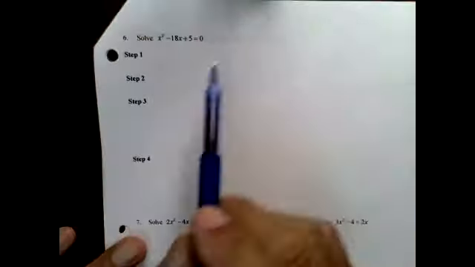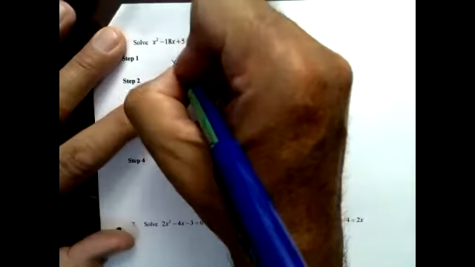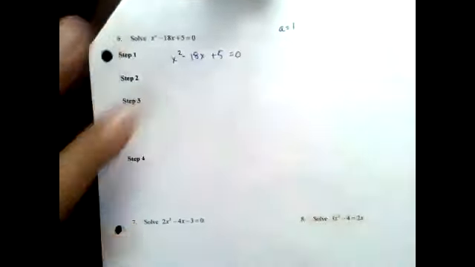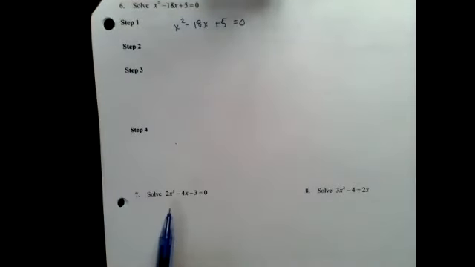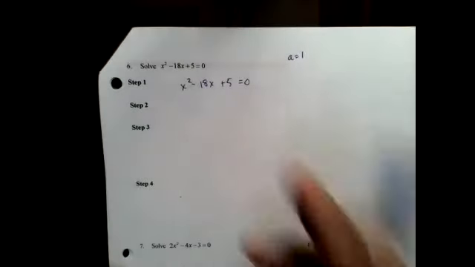First things first, it said, divide everything by a. Right now, what is my a? A equals 1. Yeah. So if I divide everything by 1, it doesn't change my equation. It leaves it as x squared minus 18x plus 5 equals 0. Down here, I'm going to have to divide everything by, it looks like 2. Yeah. Okay. I'm going to come back up here.